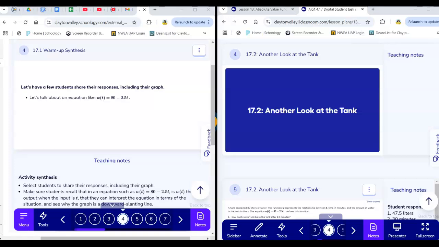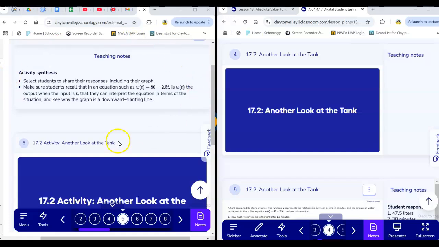Okay, so you can see that on the right side on the digital student task statements, I've got it set to begin the second activity, 17.2, another look at the tank. So you know that they're going to go back to the same formula, the same equation that you worked with in the warm-up. So here is, once again, on the left-hand side, on the lesson side, you can see what that equation was, okay?